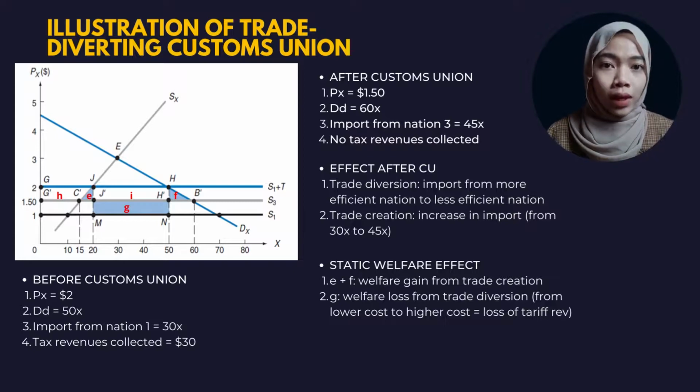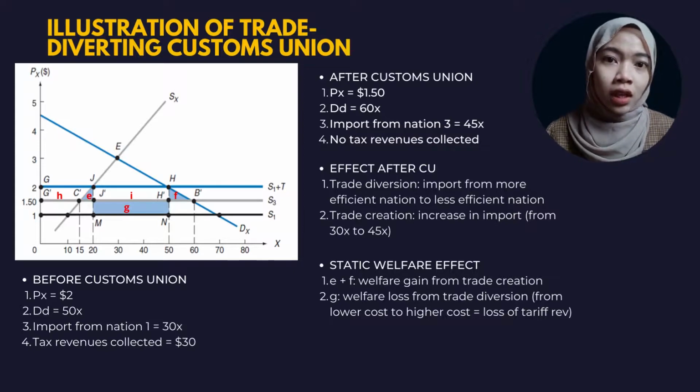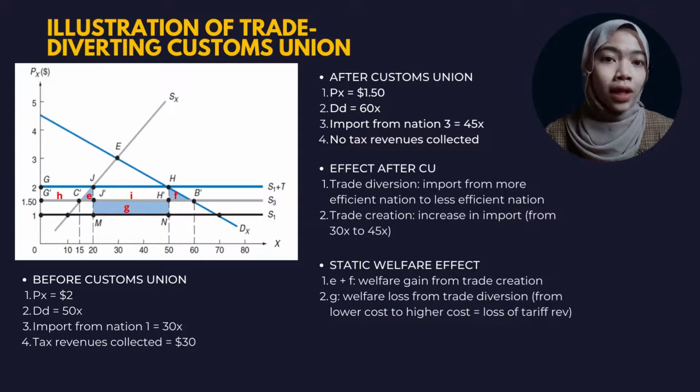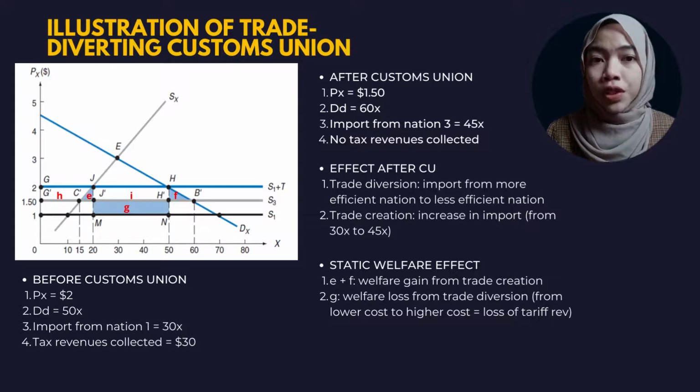Thus, while a trade-creating customs union leads only to trade creation and unequivocally increases the welfare of members and non-members, a trade-diverting customs union leads to both trade creation and trade diversion, and can increase or reduce the welfare of members and will reduce the welfare of the rest of the world.